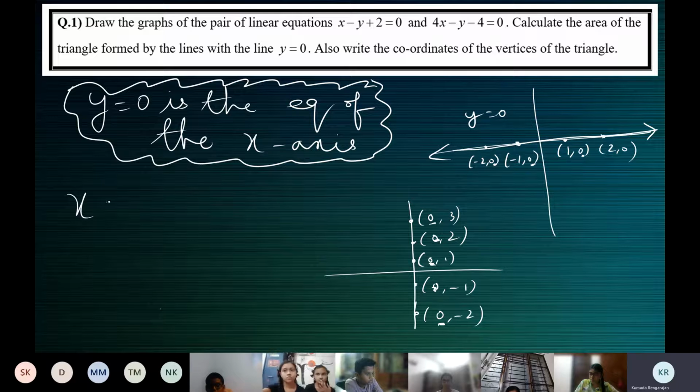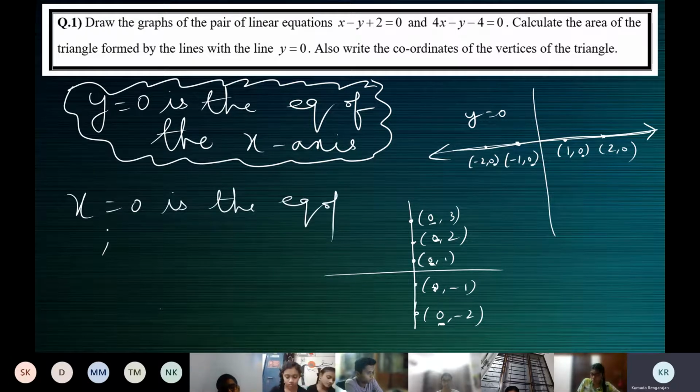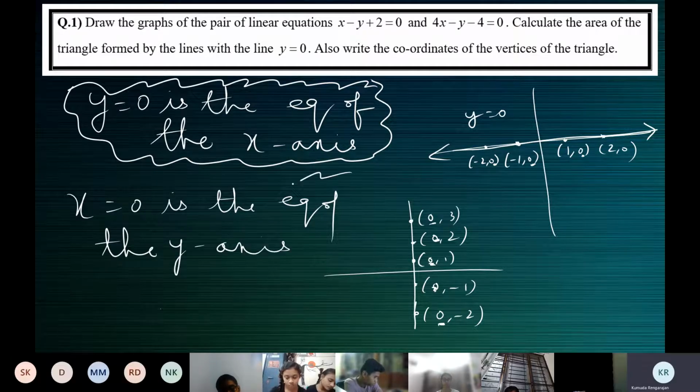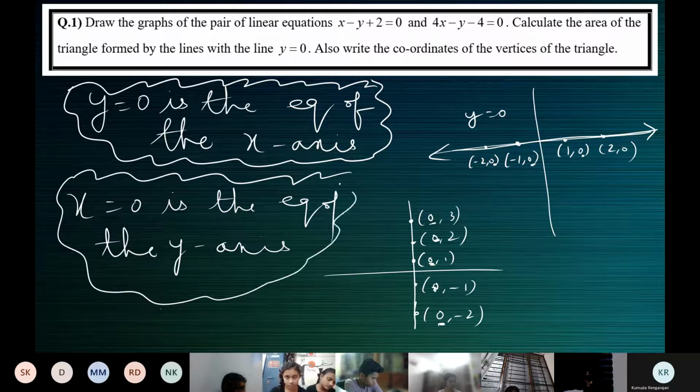So x is equal to 0 is the equation of the y-axis. This is very important. X is equal to 0 is the equation of the y-axis. Y is equal to 0 is the equation of the x-axis.